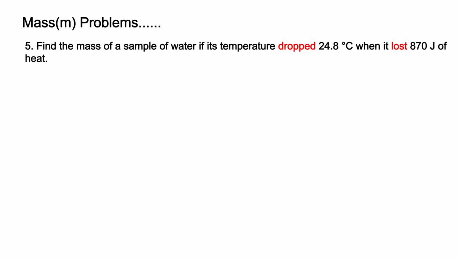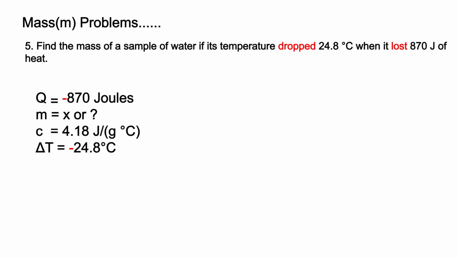Find the mass of a sample of water if its temperature dropped 24.8 Celsius when it lost 870 joules. Here the temperature dropped, so it's negative, and we are losing heat also. So the heat of water is negative 870 joules.